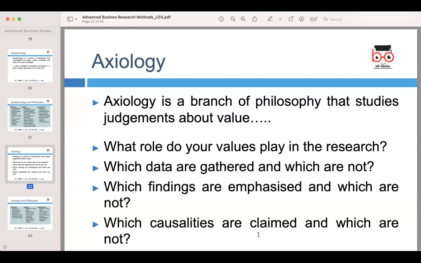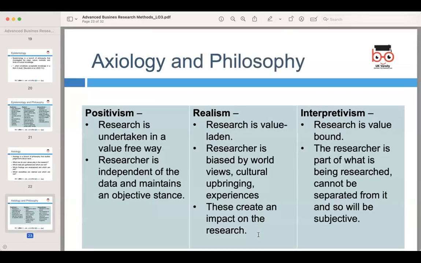So here again, there are three philosophies: positivism, realism, and interpretivism. In positivism, research is conducted in a value-free manner. This means the researchers strive to remain unbiased and independent from the data they collect.